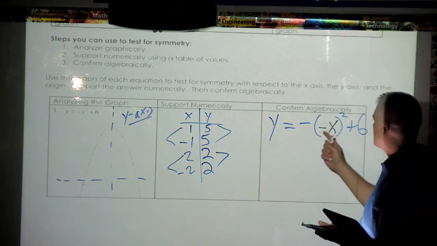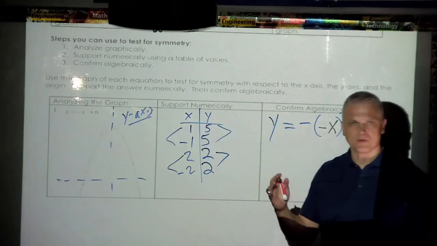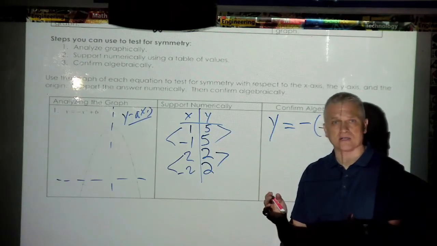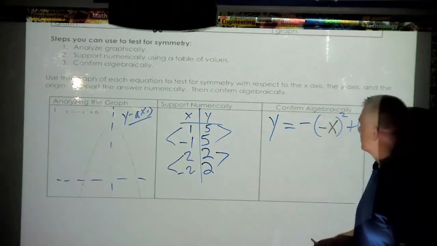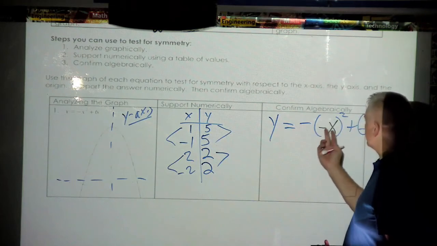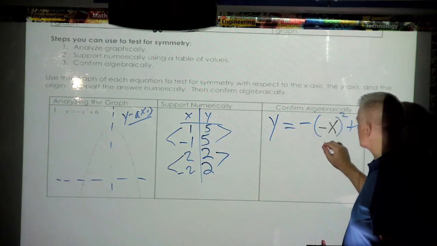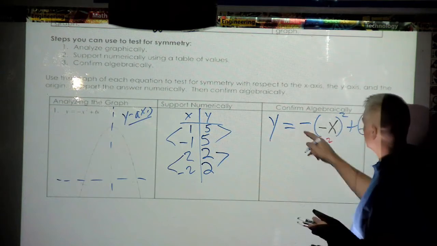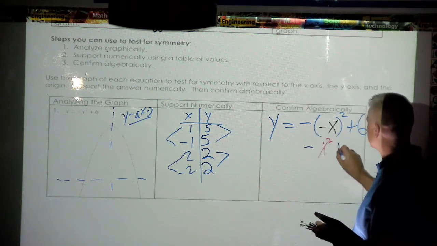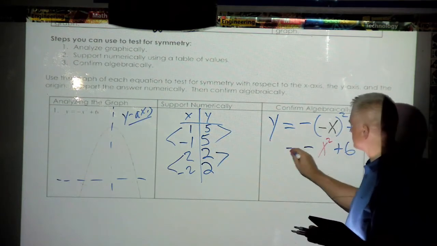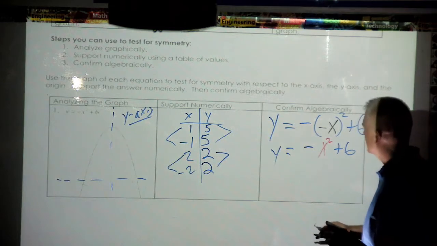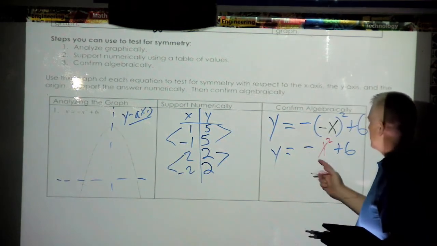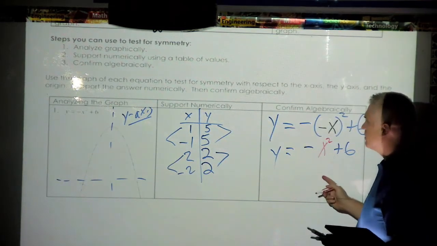In the parentheses, you can't simplify any more than negative x. Exponent, negative x squared is x squared. I'm going to bring down that negative, and I'm going to bring down my plus 6. Can I simplify this any more?